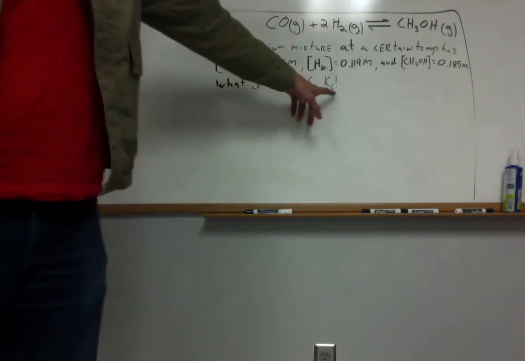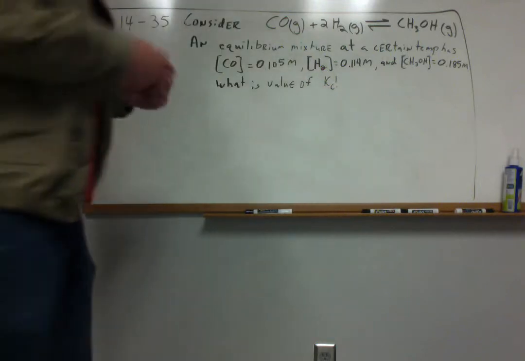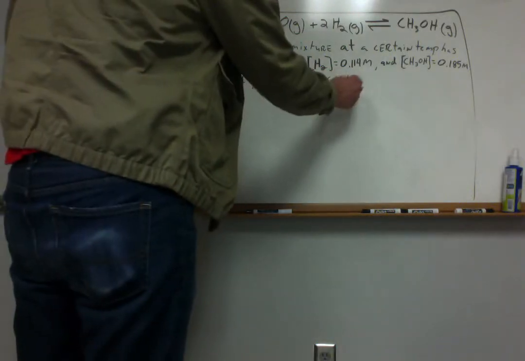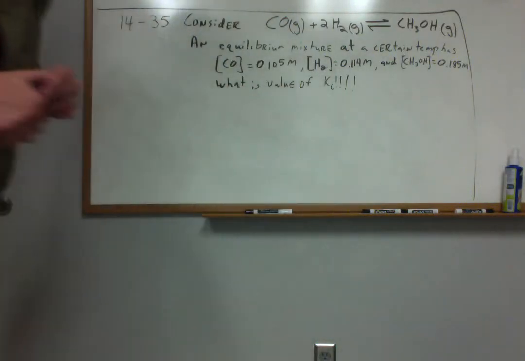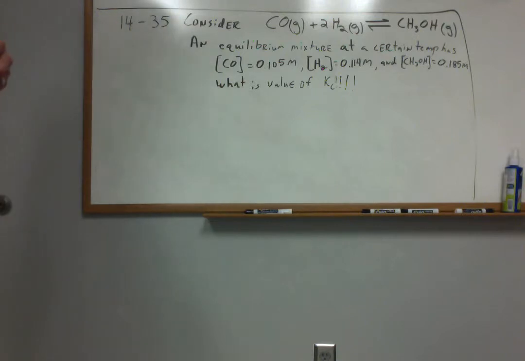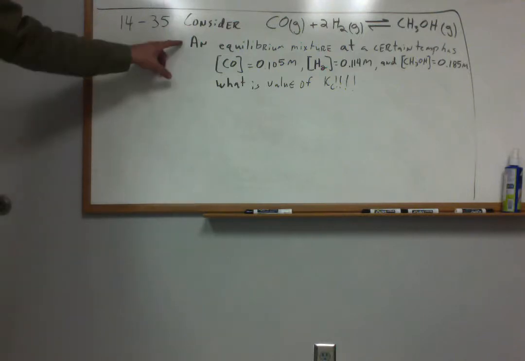In fact, in the problem there's a question mark here, but I put an exclamation point. Maybe I'll add on to that, because I'm pretty excited about this problem. This is a pretty easy example for you. And of course, the reason is some of the wording in this first sentence.